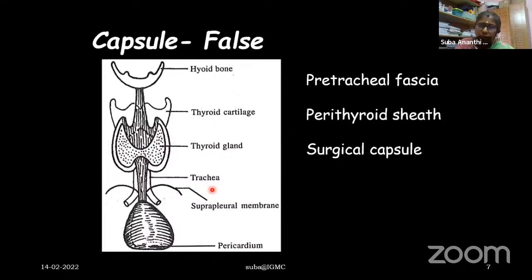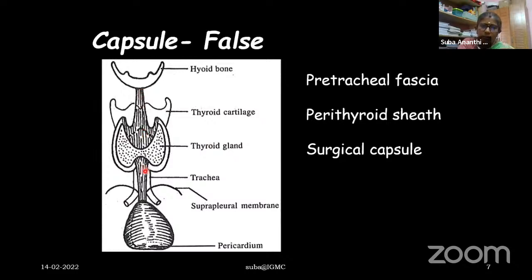When you trace it upwards, it gets attached to the oblique line of thyroid cartilage. You trace it further upwards, it goes up to the hyoid bone. So the upper attachment of pre-tracheal fascia is to the hyoid bone.